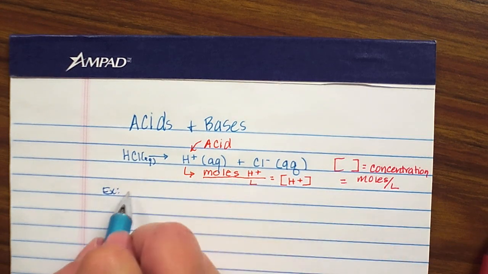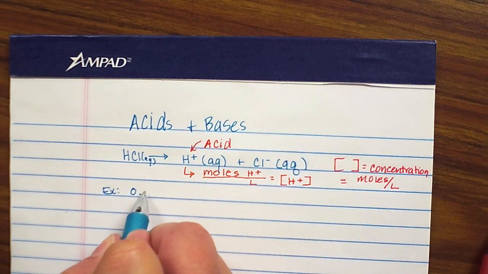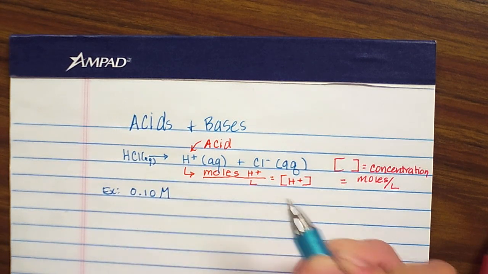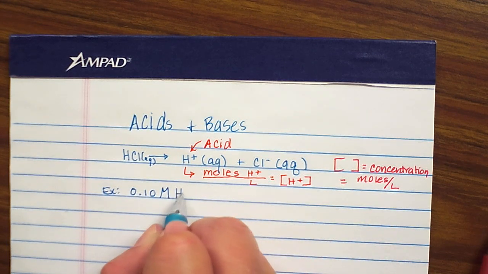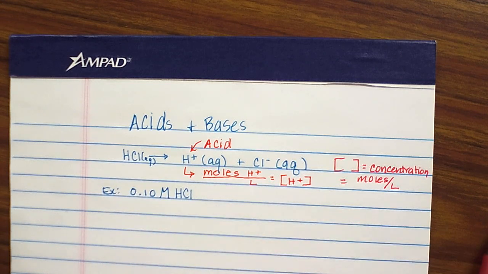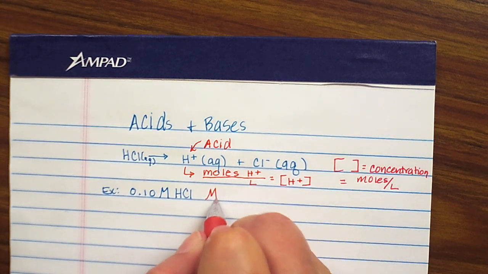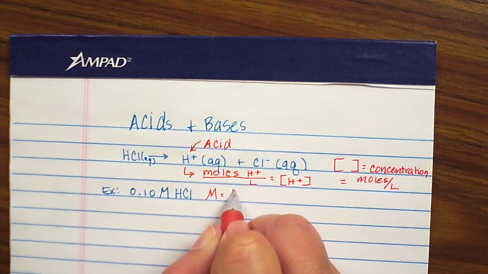So let's say, for example, I have a 0.10 molar hydrochloric acid. That capital M means moles per liter.